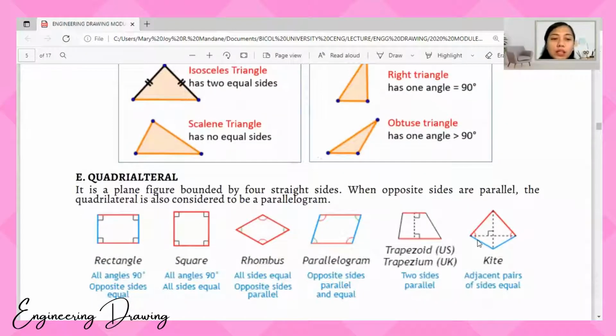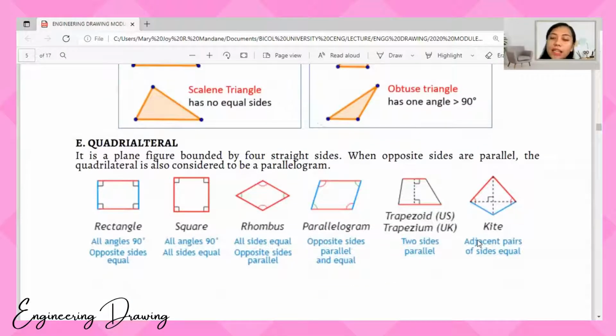And the quadrilaterals, so sorry for the typo, it's quadrilateral. It is a plane figure bounded by 4 straight sides, and when opposite sides are parallel, the quadrilateral is also considered to be a parallelogram. Okay, so rectangle, all angles 90 degrees, opposite sides are equal.